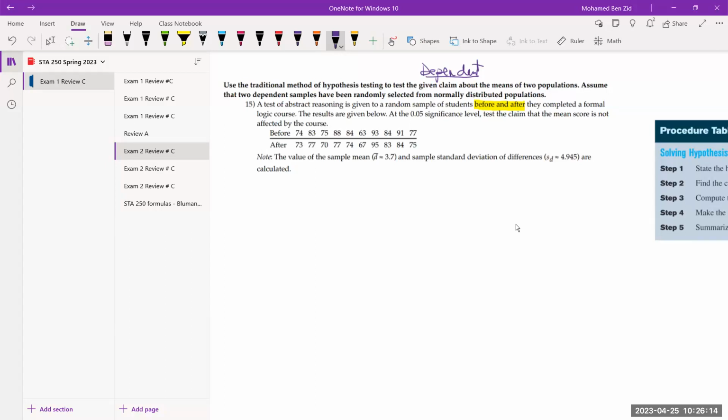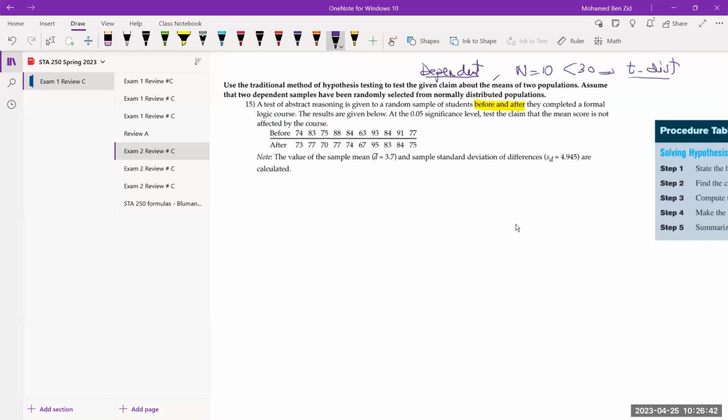Now, if you count both samples, 1, 2, 3, 4, 5, 6, 7, 8, 9, 10, n is 10. Since n is 10, less than 30, that's going to give you the t distribution. Everybody is clear why we are using the t distribution, right?